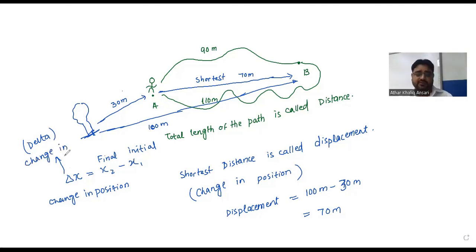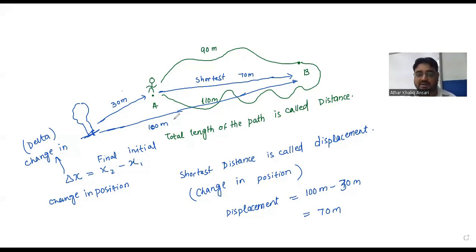Now let us find the differences between these two physical quantities, distance and displacement. We can easily say that distance is a physical quantity that requires only magnitude, but it doesn't need any direction.